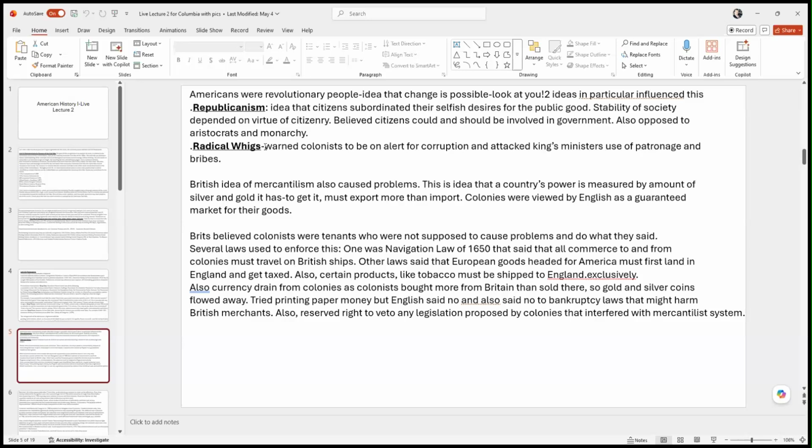They thought that the colonists should be given more rights. They even thought the colonists should probably get some representatives in Parliament to represent them. And all through the Revolutionary War, this radical Whig part of the Whig Party tried to help the colonists. They tried to argue the colonists' case in Parliament. So they're kind of an ally of the Americans.